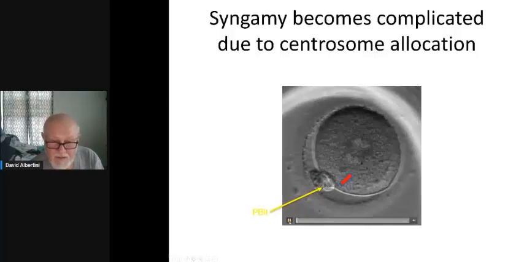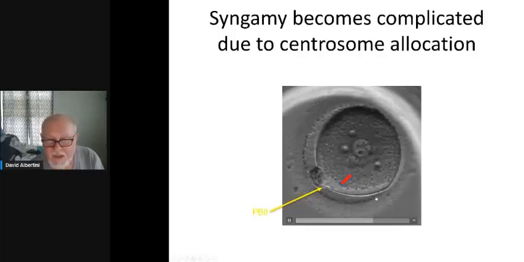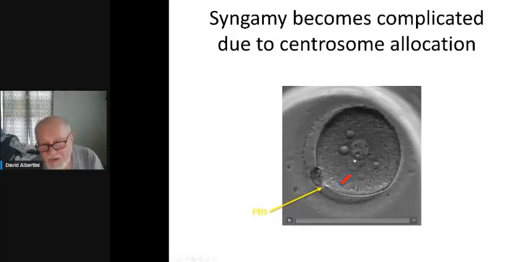And you know, this is a particularly interesting example of the events just prior to syngamy.